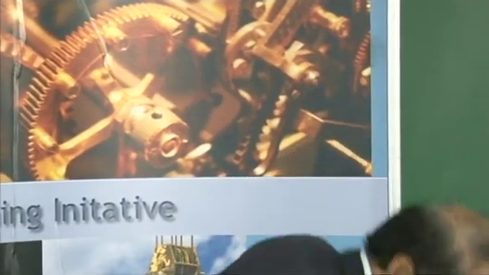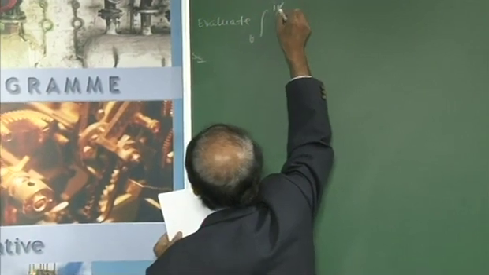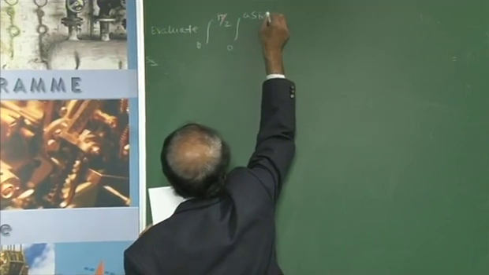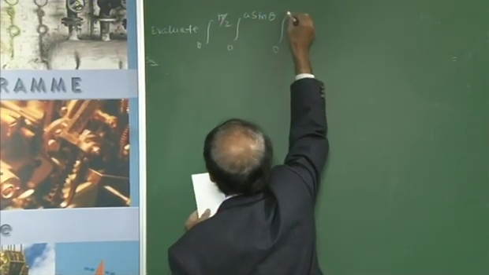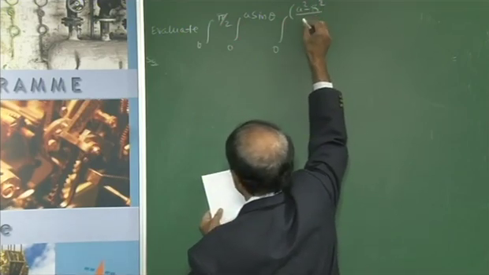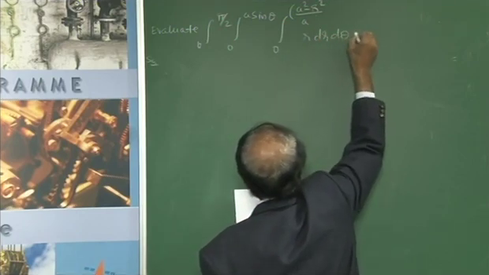As a last example, I will write a polar coordinates problem as a sample: evaluate 0 to pi by 2, 0 to a sin theta, and 0 to square root of a square minus r square, of r, dz dr d theta.